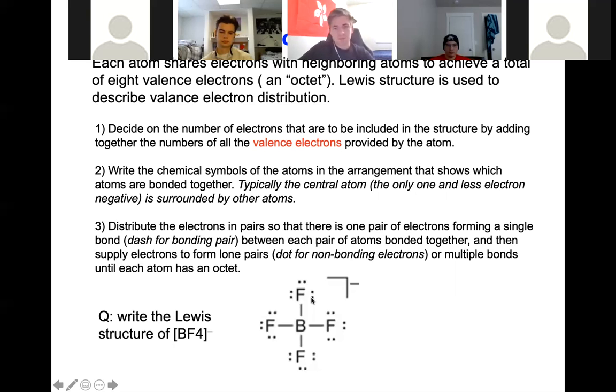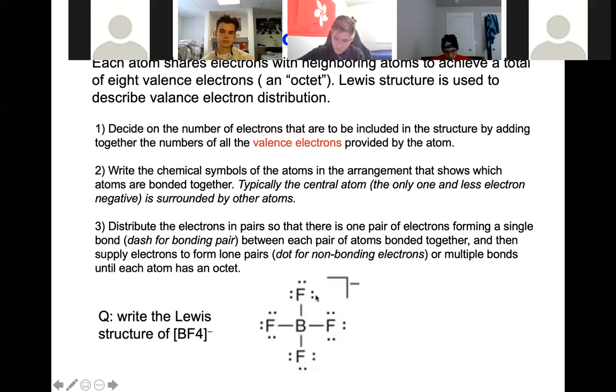Then if you look at the fluoride ion, because that's an anion, fluoride here is an anion.